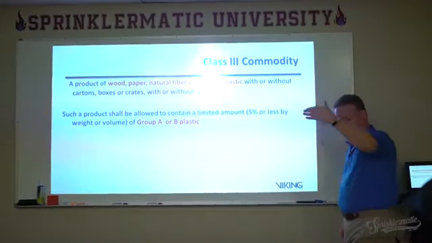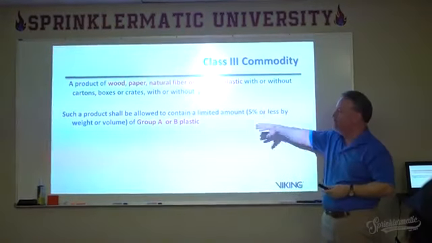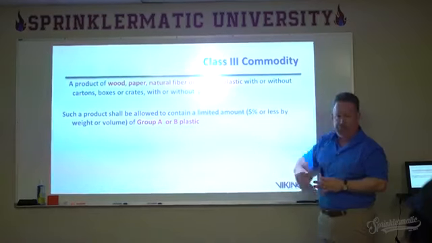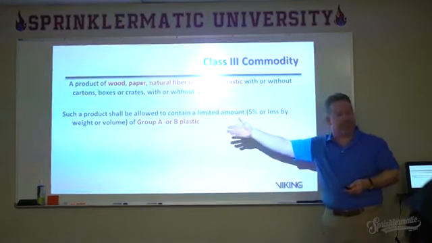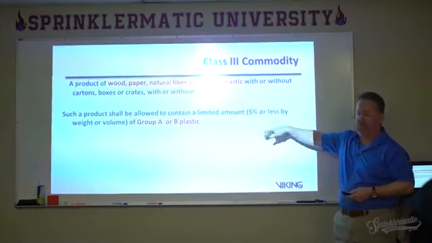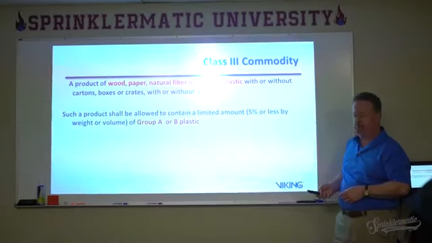So it kind of goes in reverse. We're going 1, 2, 3, 4, and then C, B, A is our reverse logic on the combustibility of the plastic. So group C plastics equal class 3 commodity. Group A or B can be brought in, except that we only allow a slight amount.